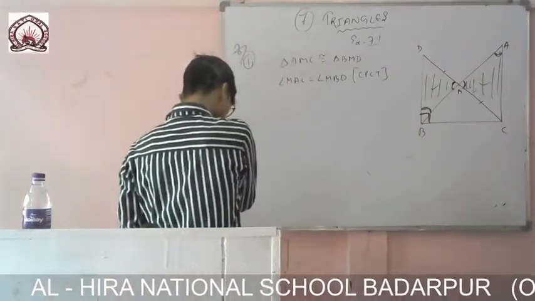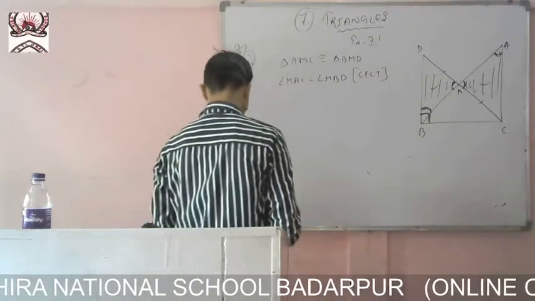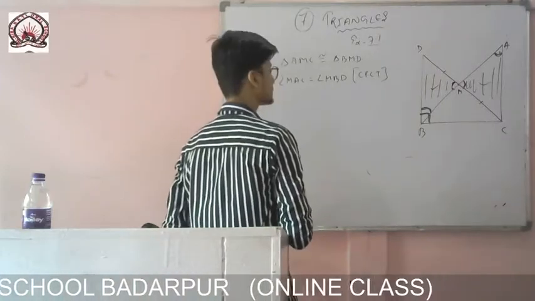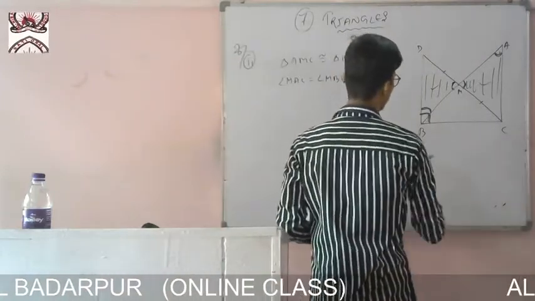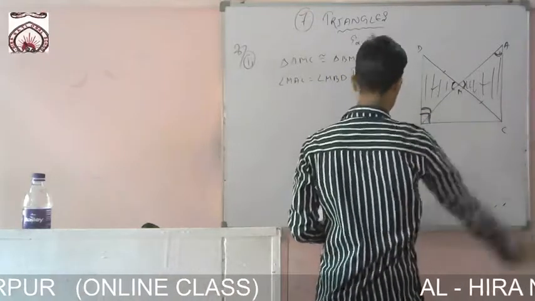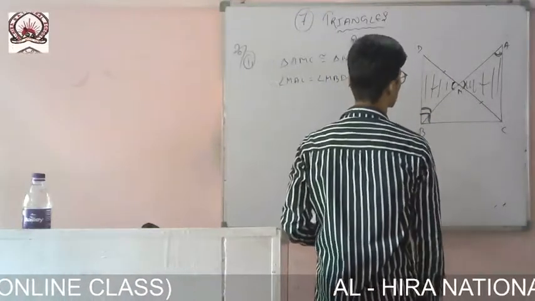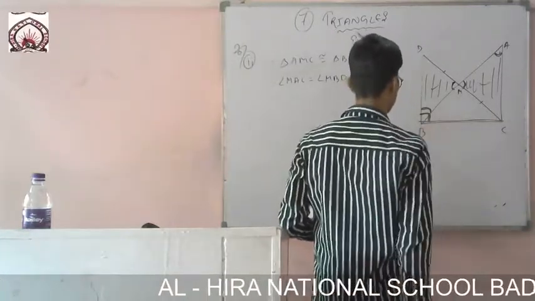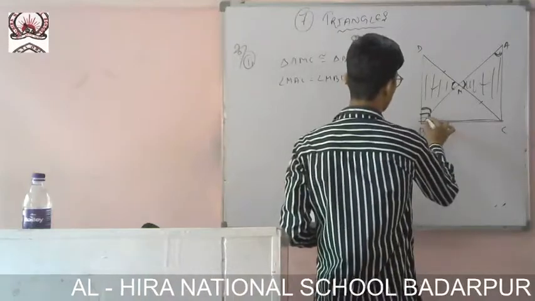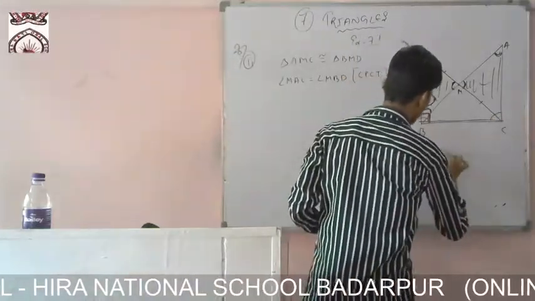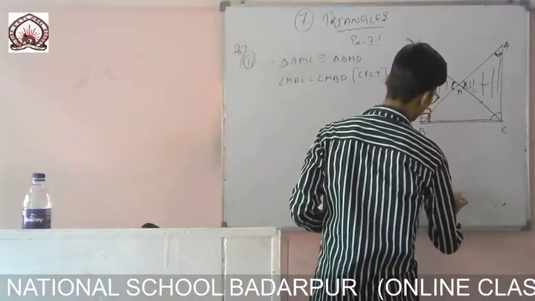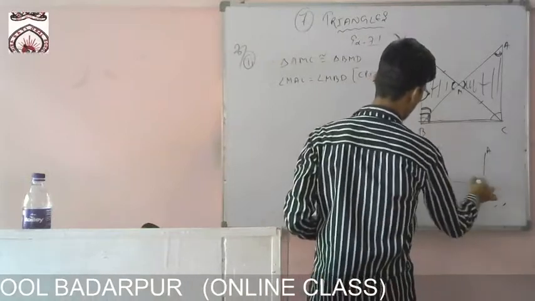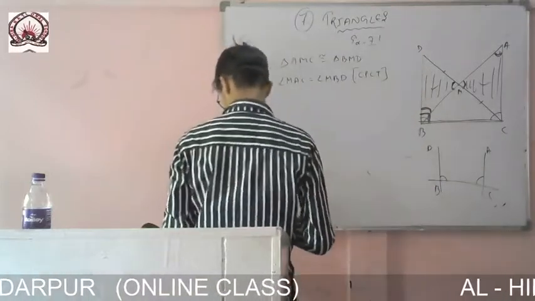Now you see, if I write that this line and this line, BD and AC, are parallel, and this is the transversal, that means this angle and this angle will be co-interior angles. If DB and AC are parallel lines and this is a transversal, then the sum of these two angles will be 180 degrees.